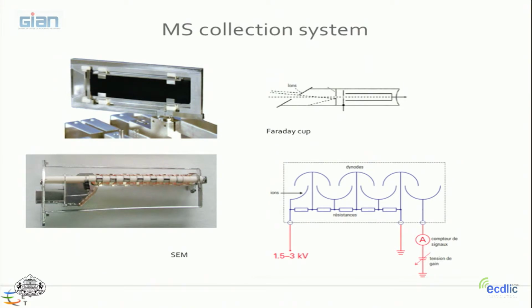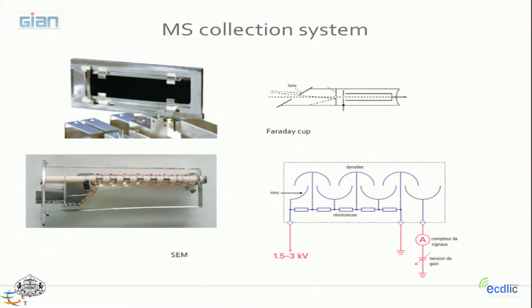This is an SEM. I present the SEM because this is typically used in ICP-MS, so you should know what it is. Exactly the same process, but you have no graphite. You have electrodes with different charge, and the ion is coming there. The signal is amplified. It emits secondary ions, then it multiplies, emits secondary ions, and with this kind of process, a chain of dynodes, you can measure very, very little signal, much smaller than what you can measure with a Faraday cup.